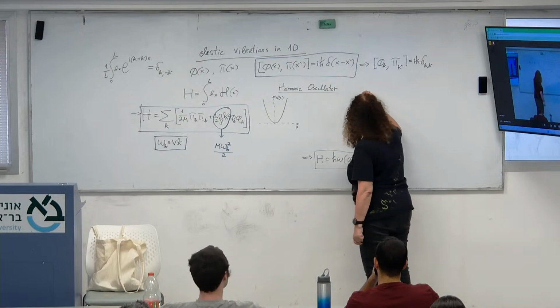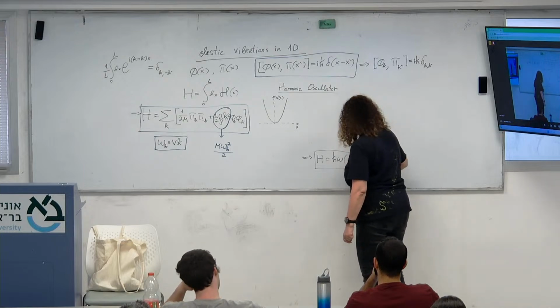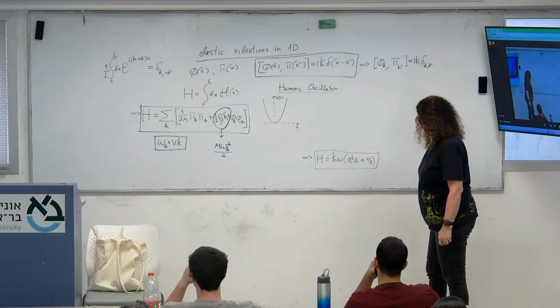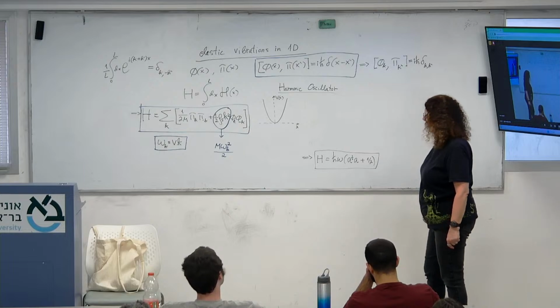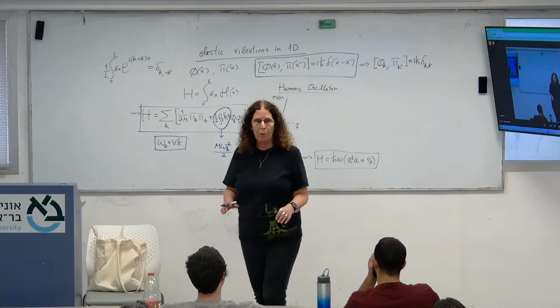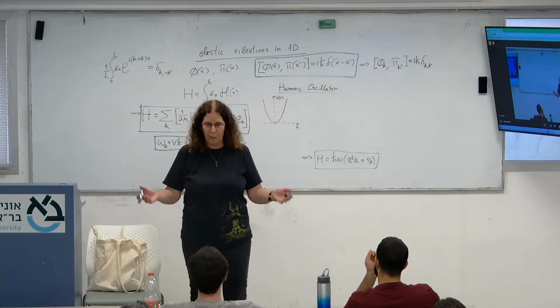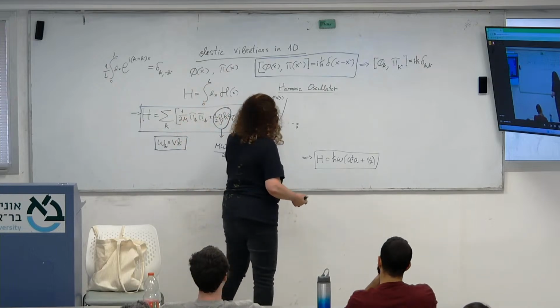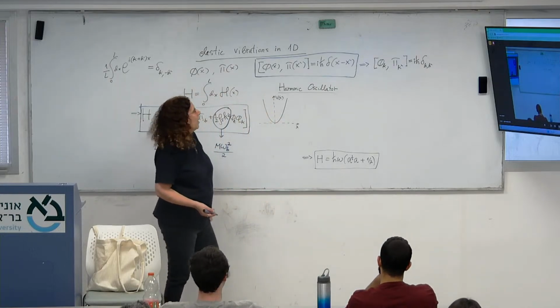So, we see that actually we can define a ground state of the system, and we know that it must have a ground state because it's a positive definite potential, and all energies must be at least zero, right?